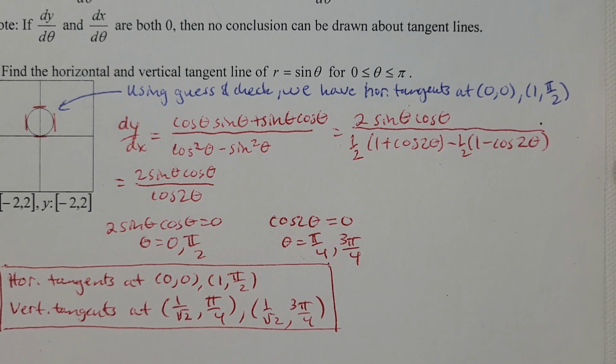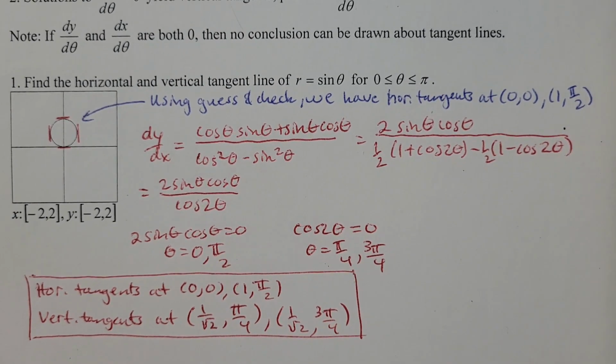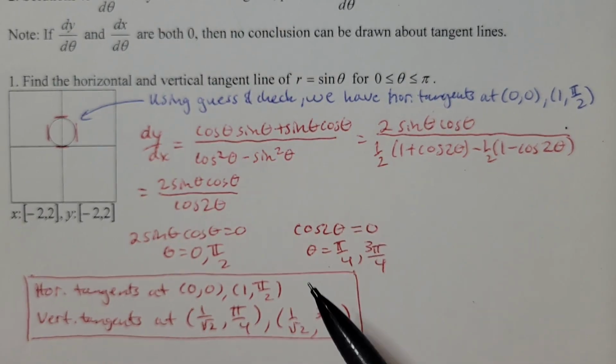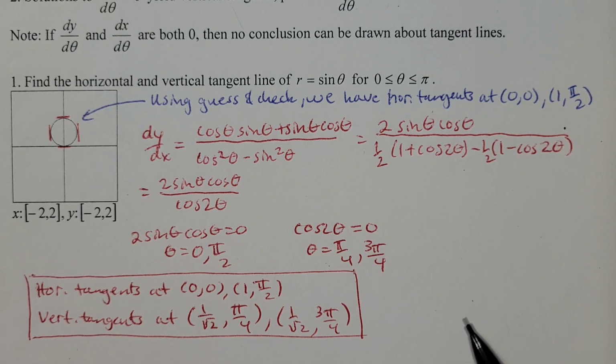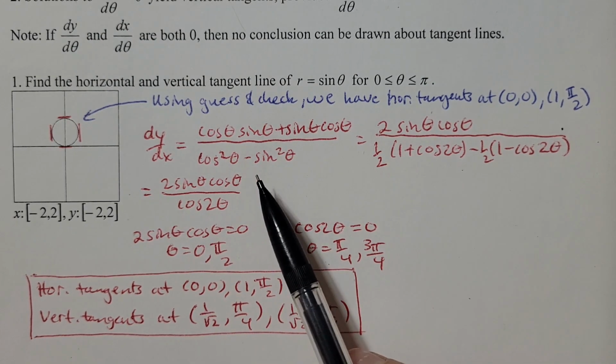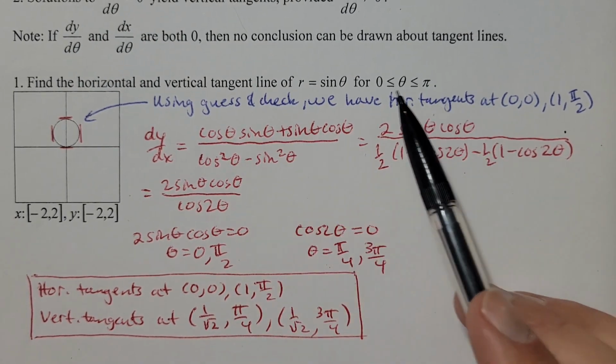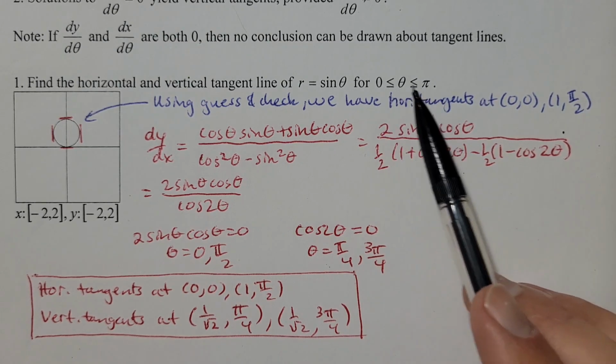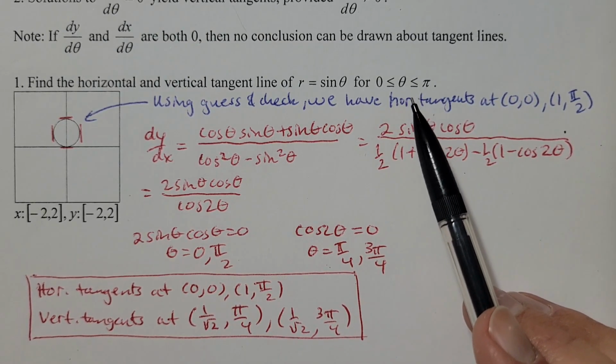So where am I going to have horizontal and vertical tangents? I'm going to have horizontal tangents when the top is equal to 0. Again, I'm only on the interval 0 to pi, so pay attention to that.